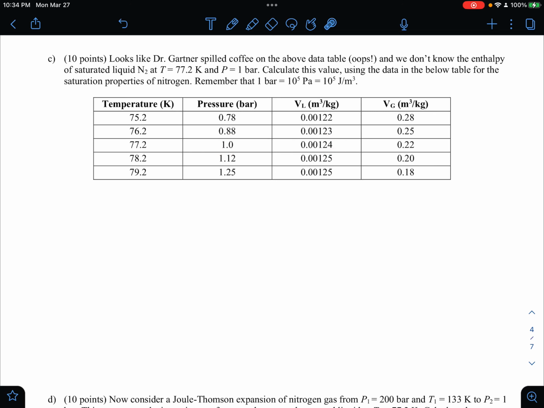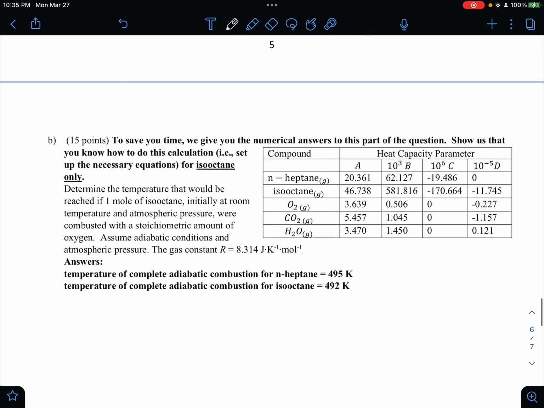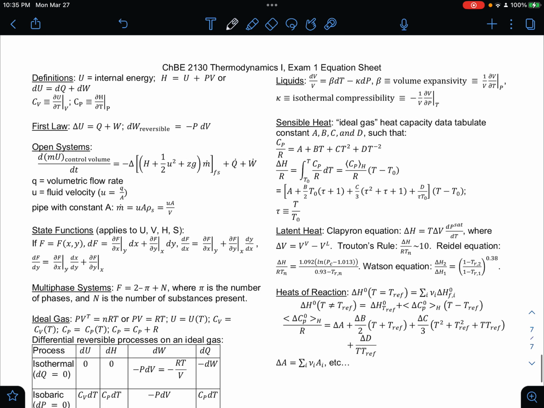Okay, what we want is the enthalpy of the saturated liquid, so we want HL. And it should be related to the pressure and the molar volumes. So I think I know what we want.